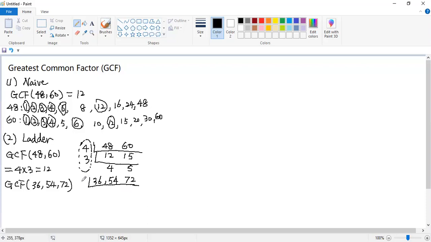We know 2 is a common factor. So 36 divided by 2 equals 18, 54 divided by 2 is 27, and 72 divided by 2 equals 36.